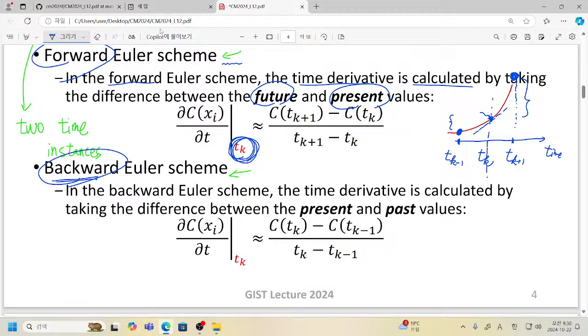Well, do you have any preference in the implementation? Of course, in implementation we have preference.